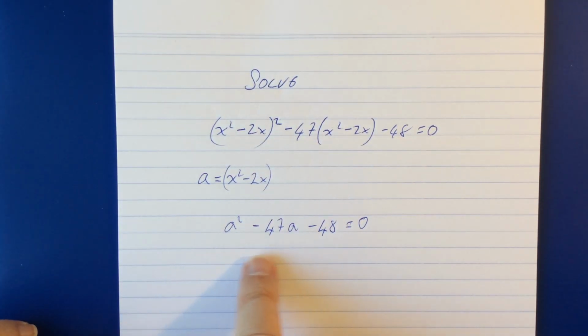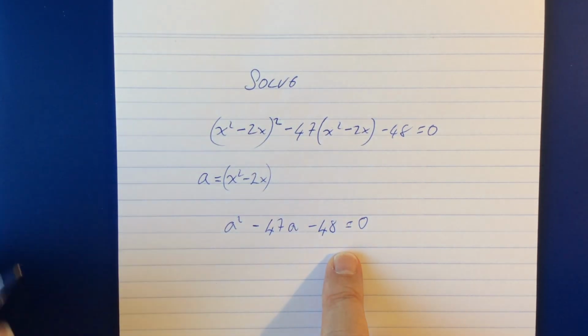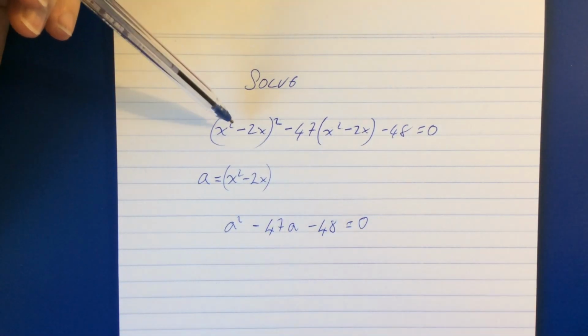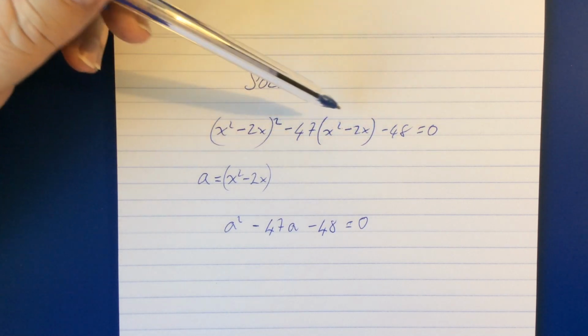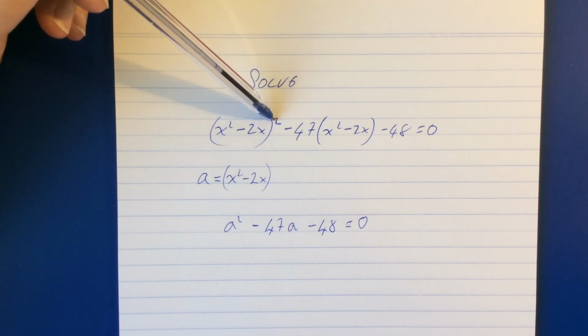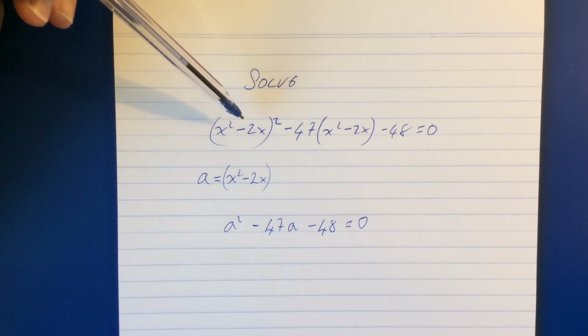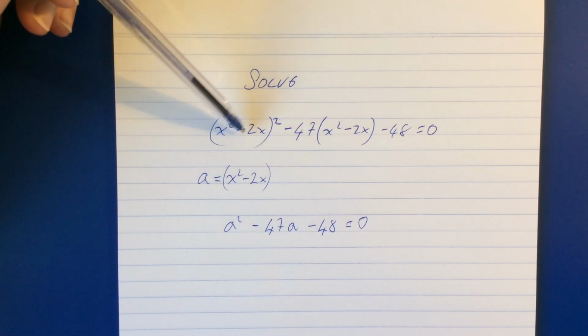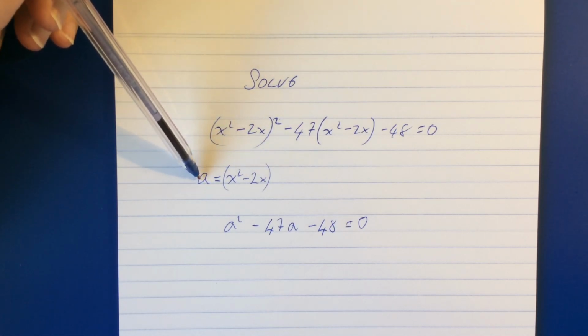So what I hope you can see is that I've created a quadratic out of what is essentially a quadratic structure, but if you expanded this, you would be looking at x to the 4. And my technique for doing that is simply replacing this expression here with a single pronumeral.